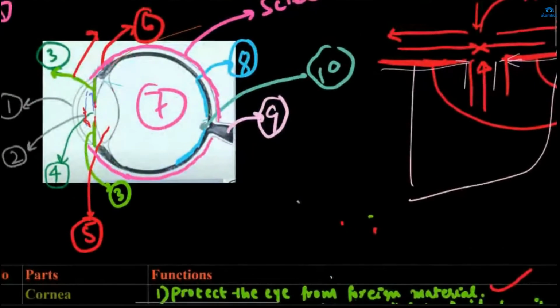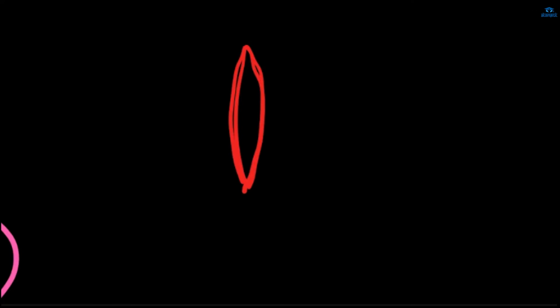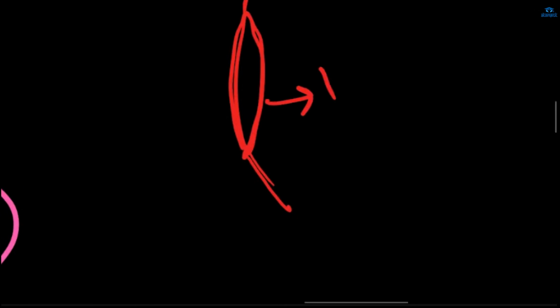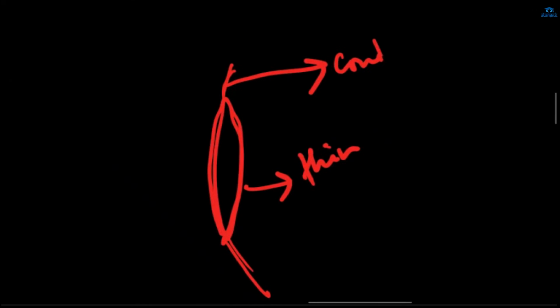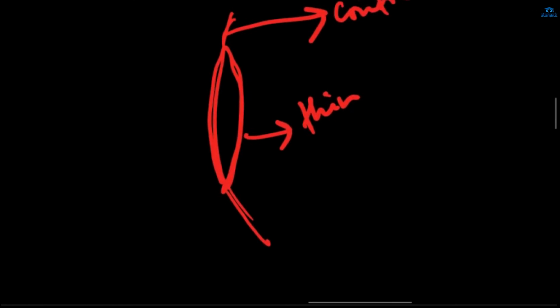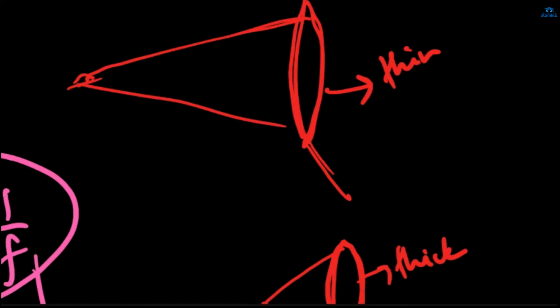Whenever the eye lens has to become thin, the ciliary muscles get contracted, pulled from both sides so that it stays thin. When the lens has to become thick, when we see nearby objects, then the lens has to become thick, and when we want to see far away objects, then the lens has to become thin.